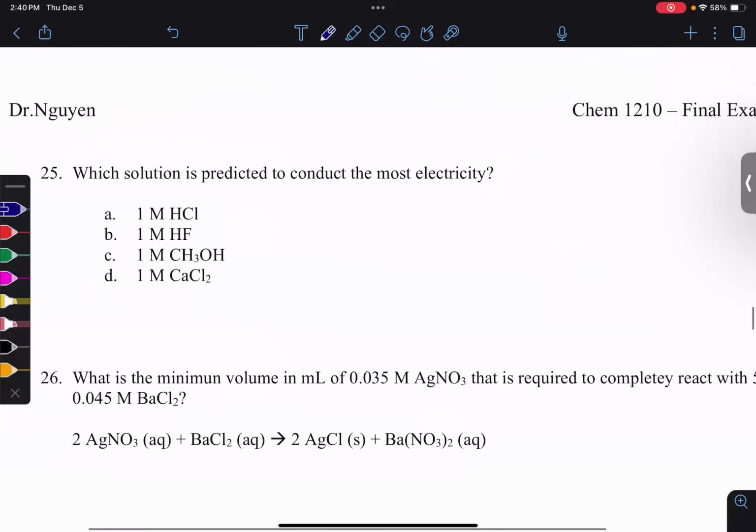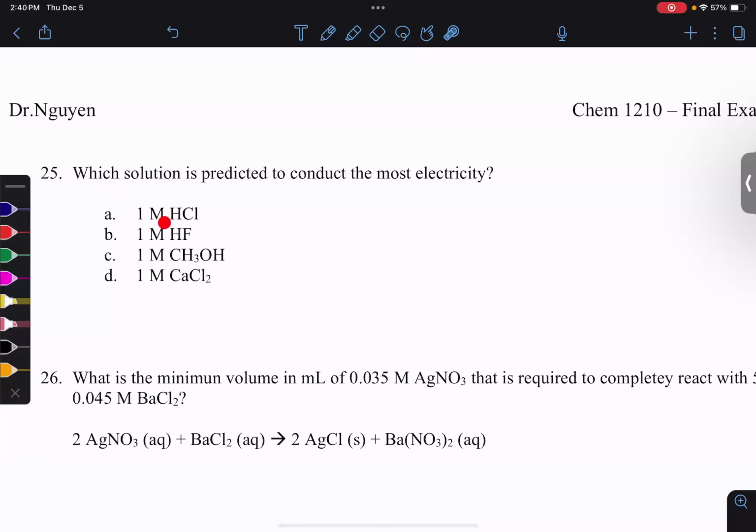All right. Which solution is predicted to conduct the most electricity? Notice that all of them are 1 molarity, but we need to figure out how many total moles of ions are there. More ions means more conductivity. So HCl, what kind of electrolyte is that? Strong. So when you put HCl in water, an H plus pops off, a chloride pops off.